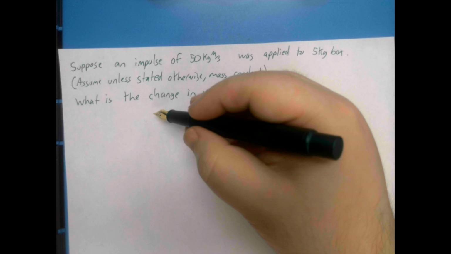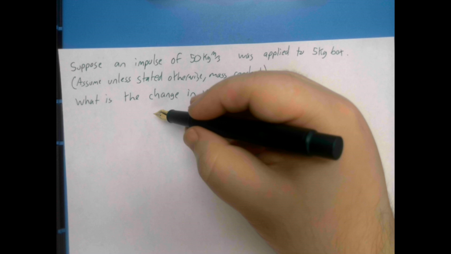So we have delta P is equal to J, which is delta mv equal to J, and mass is constant. We can assume that. So we get mass times change in velocity is equal to the impulse, and we can divide by mass to get our change in velocity. So the change in velocity is equal to your impulse divided by the mass, if mass is constant.